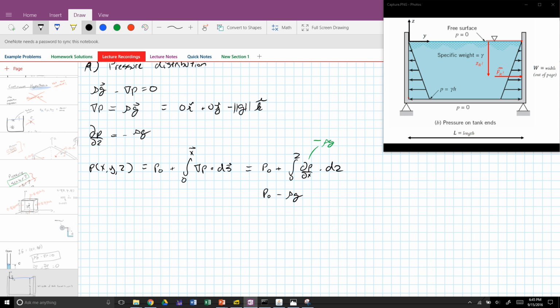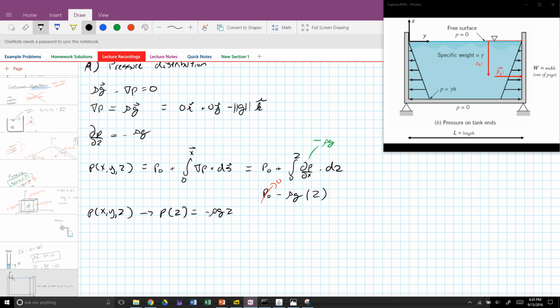And p naught we've been told to ignore, so that goes to 0. So once again, this is like the eighth time we've derived this. P of x, y, and z simply turns into p of z equal to negative rho g z. So that's the pressure distribution acting along the wall. It increases with depth, that is with increasingly negative values of z.